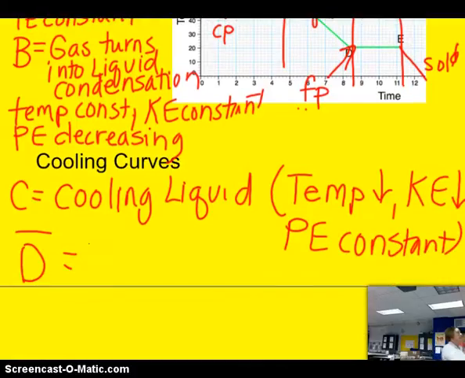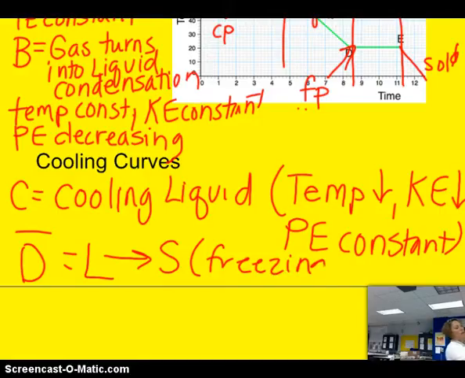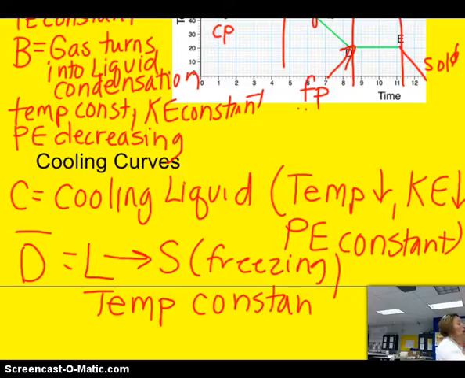So segment D, the liquid is turning into a solid. It's freezing. And what's happening to the temperature on that flat part? The temperature is constant. And so you should know the kinetic energy is constant and the potential energy is decreasing.